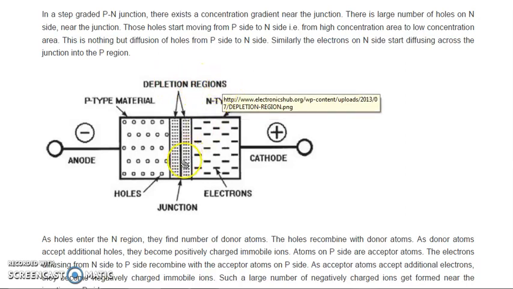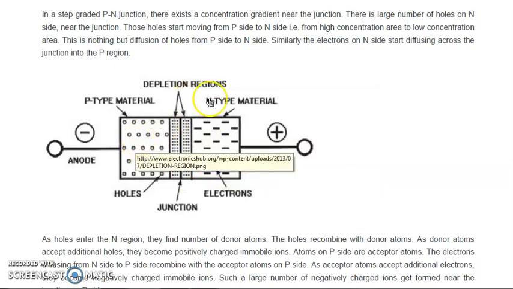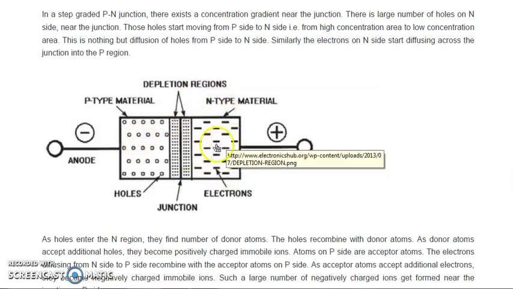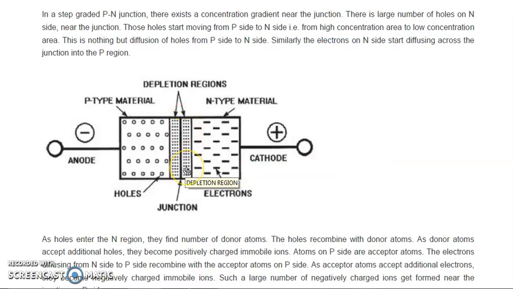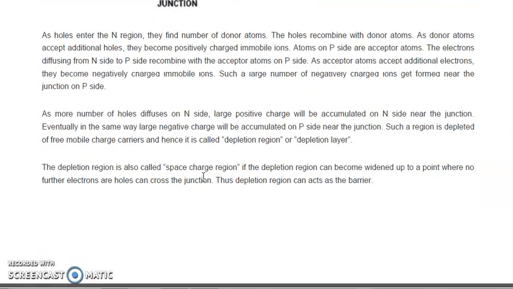It is required to prevent further inflow of electrons to this side and holes to the other side. This region is useful in various cases. We will learn the applications, and when you connect it to a circuit how this changes, how the characteristics of the diode change, and how it affects other things, in a minute.